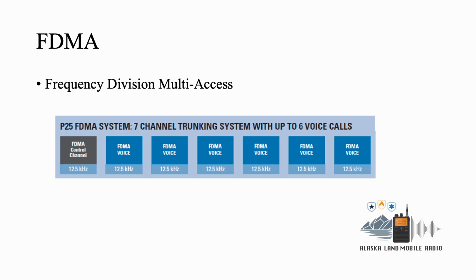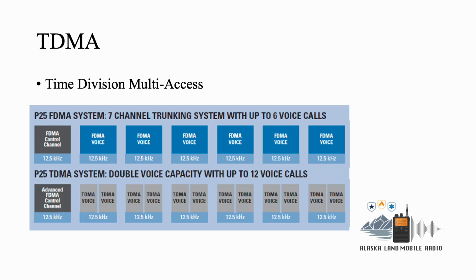Under the FDMA technology, one conversation uses the entire voice channel. Therefore, at this site, we can have 6 simultaneous voice calls occurring at the same time under the FDMA technology. In TDMA technology, or Time Division Multiple Access, the way the frequencies are used changes.